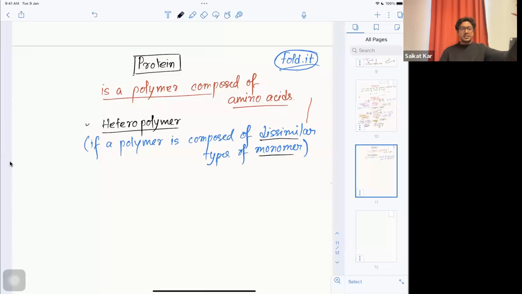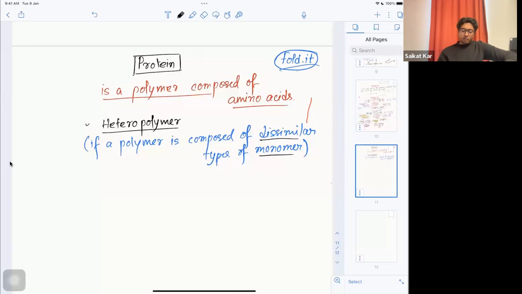Like when we understand starch is made up of glucose. If there are thousands of glucose and all glucose are the same, the structure is the same, so starch is not a heteropolymer. Now in DNA, in a structure of DNA we find A, T, G, C. So each monomer is different from another monomer.